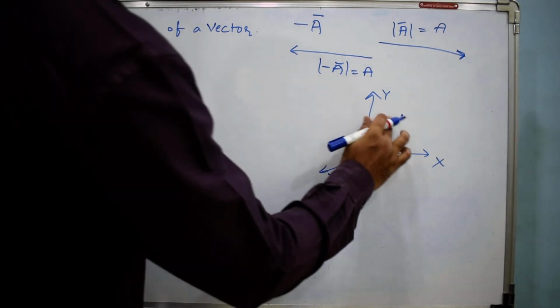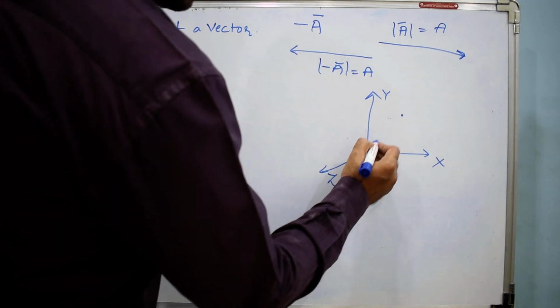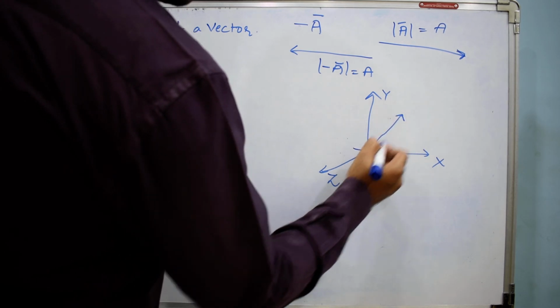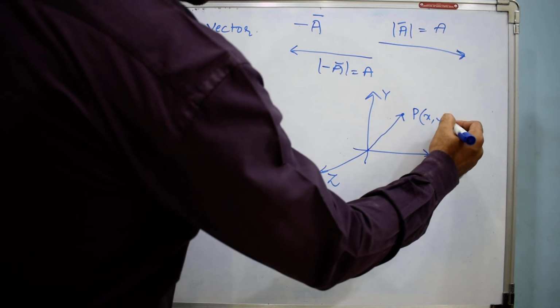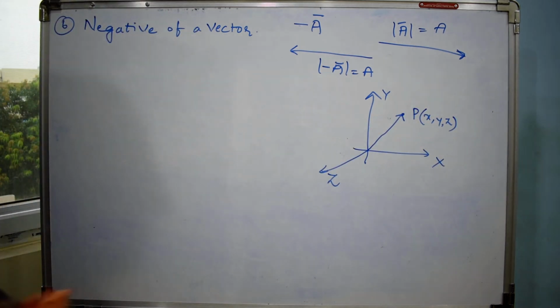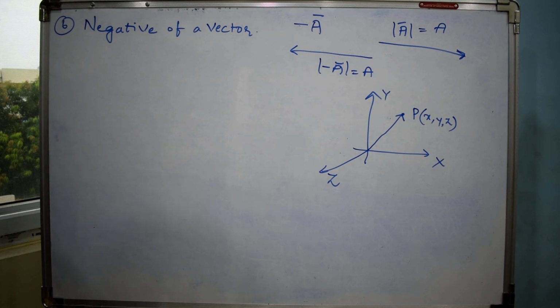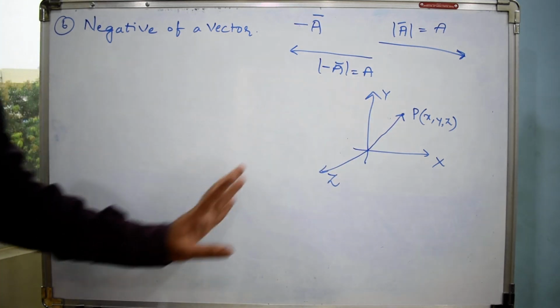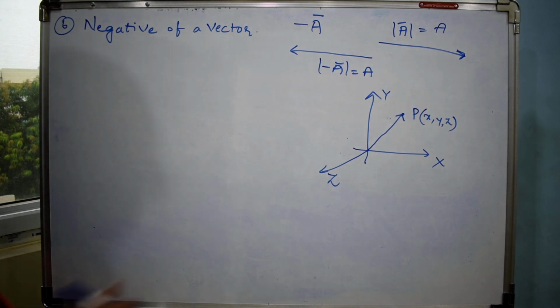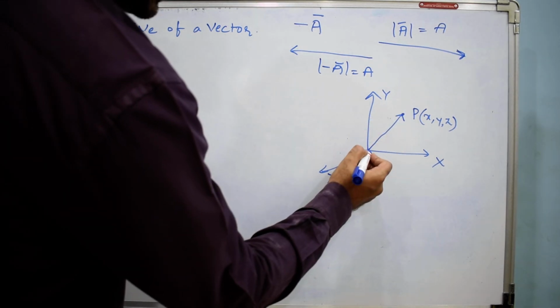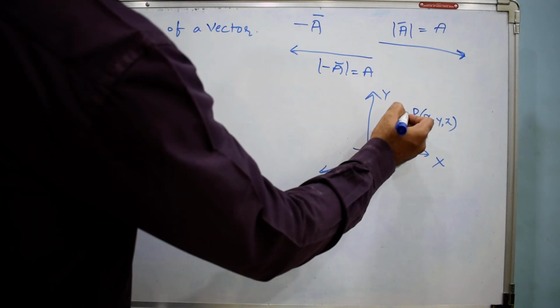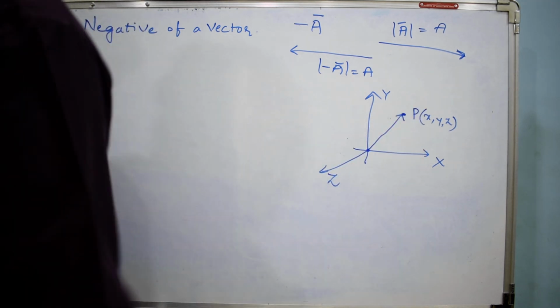Now let's say I will draw an arrow from here to here. So this is, let's say, point P, x comma y comma z. I have point P with coordinates x comma y comma z. Then the position vector of that point P is nothing but a vector with its tail at the origin and with its head at the position of that point.